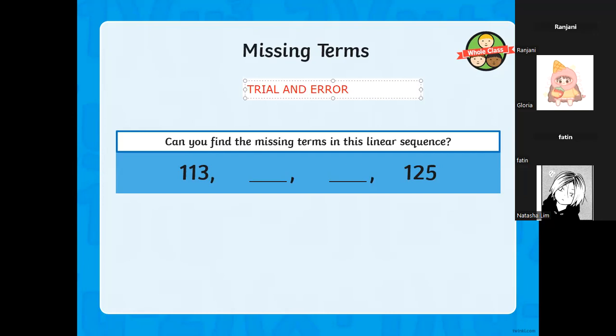You say you think so? If you say that is your pattern, you must test your pattern. You don't simply tell me only, no. You have to test it. Say 113 and put your pattern in. You got two numbers to try. Two times you must try until, if your pattern is correct, then you will reach 125. That's it.